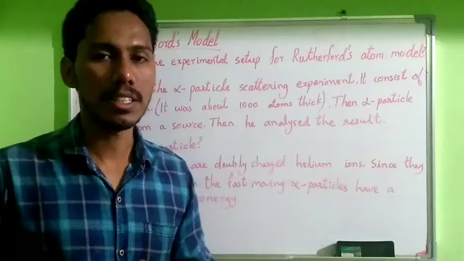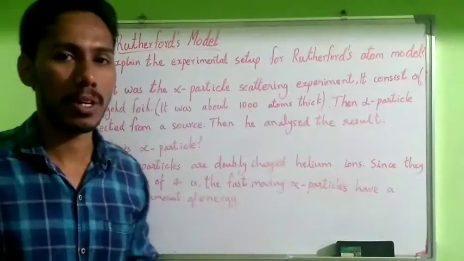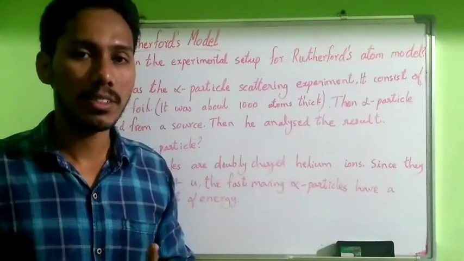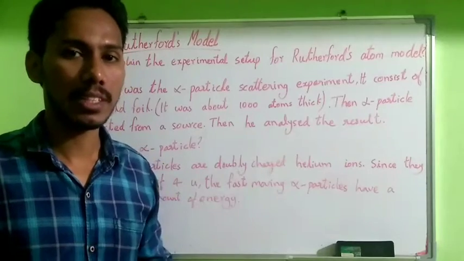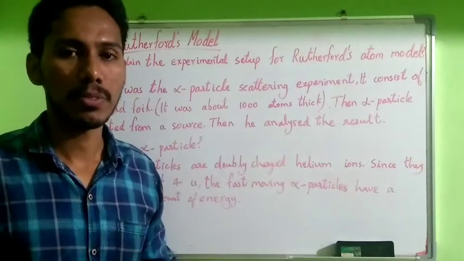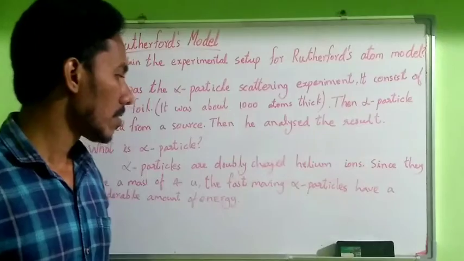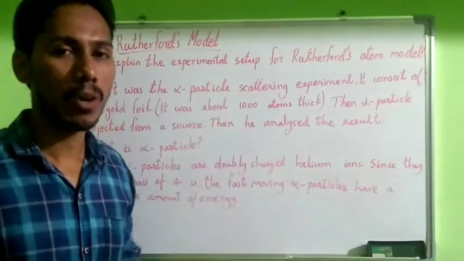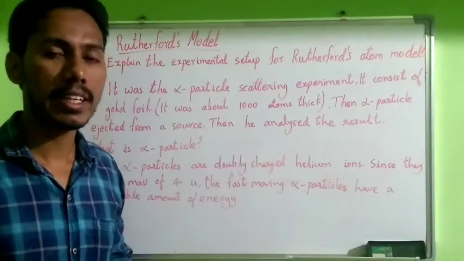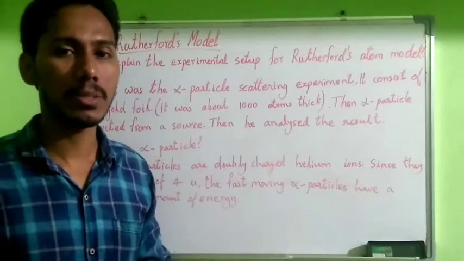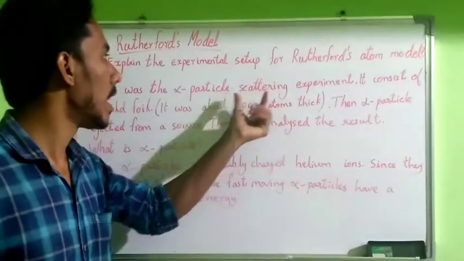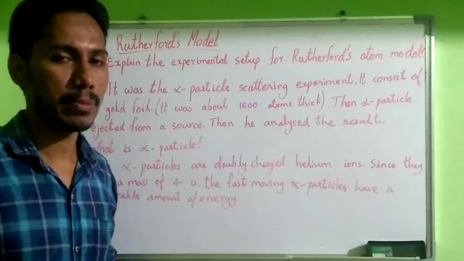Then another theory is Rutherford's atom model. Rutherford is a great scientist who made a lot of experiments with atoms and particles. For finding his model, he conducted a famous experiment called the alpha particle scattering experiment.